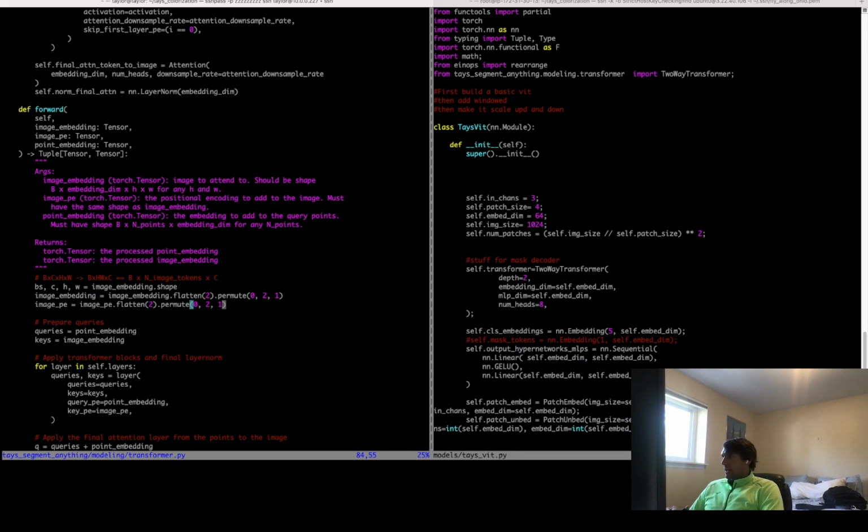Same thing, change these into patches. Why did I think that? The image PE is the positional.